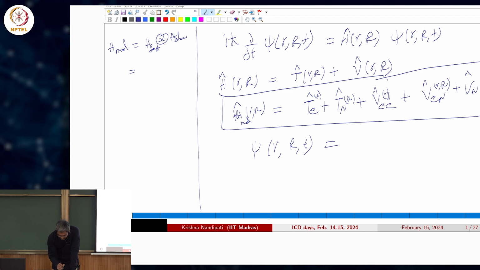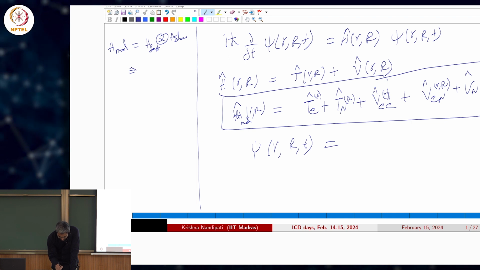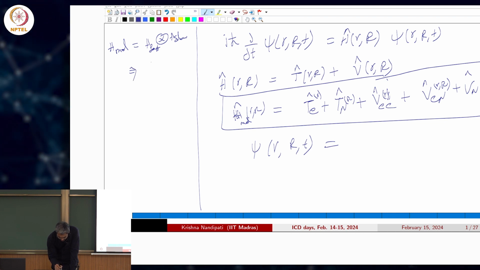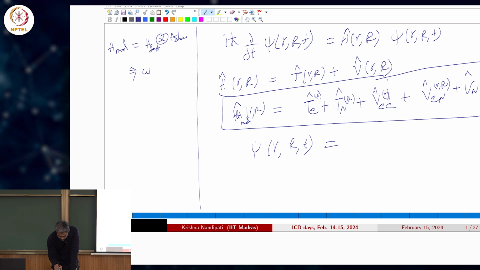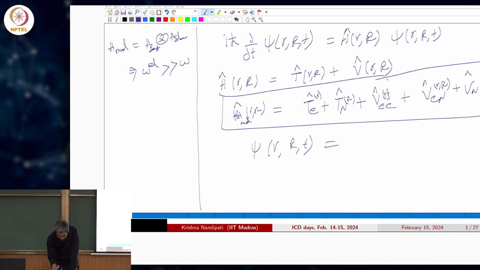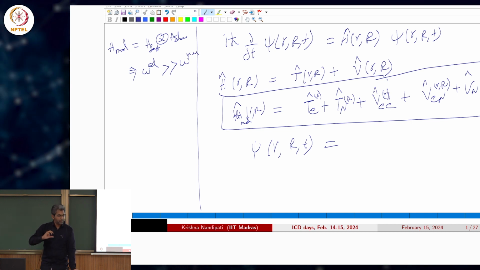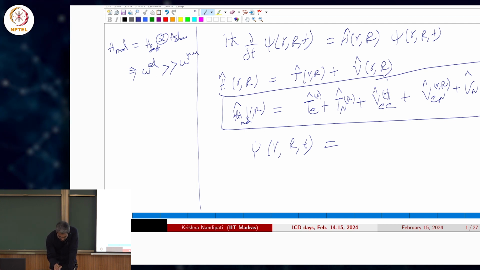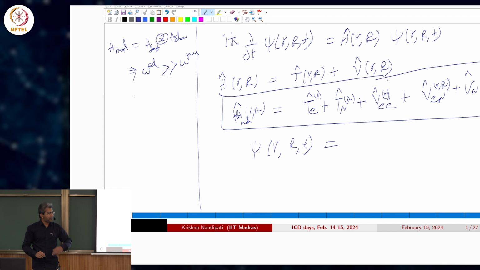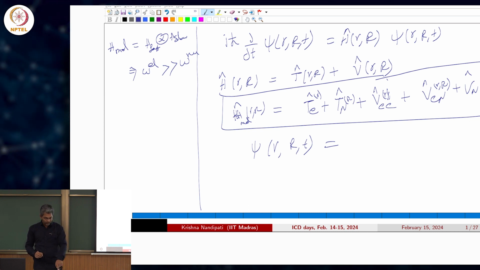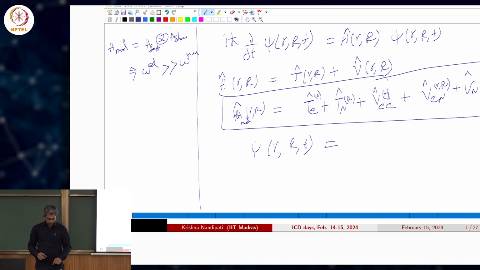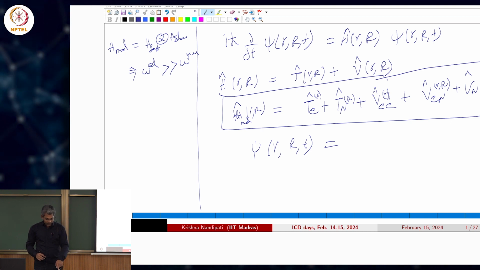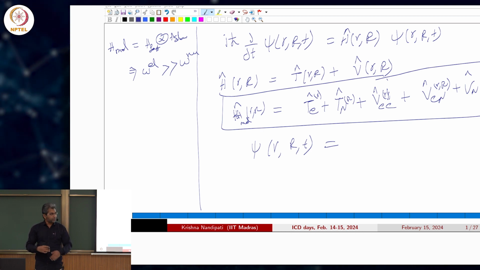If we now assume that the frequency of the electronic states is much greater than that of the nuclear vibrational states, this means the electronic motion is much faster compared to the nuclear motion, because now we regard the nuclear part as a perturbation to the electronic part in the molecule.